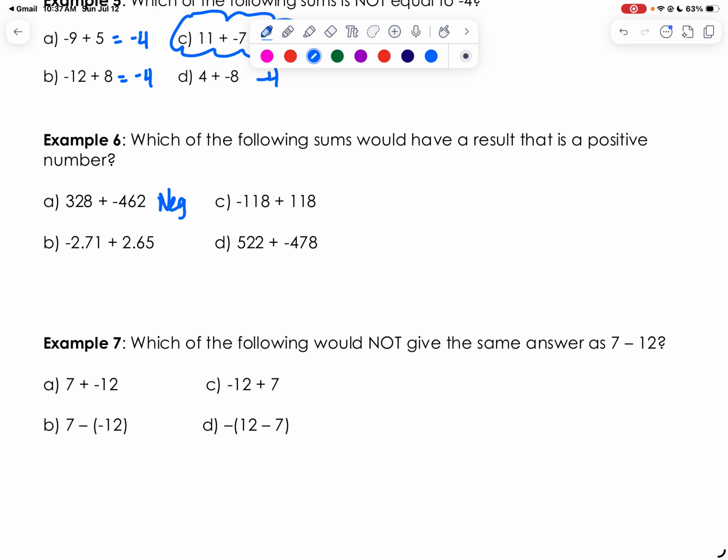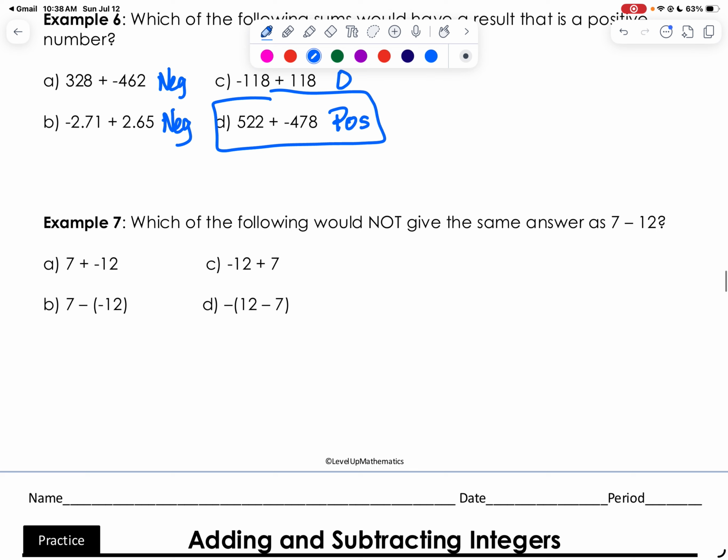The negative 2.71 is larger, so that would have a negative sum. Negative 18 plus 18, they're both the same, so that would just be 0. And then 522 plus negative 478. If we take the sign of the larger, this one would be positive. So answer choice D.